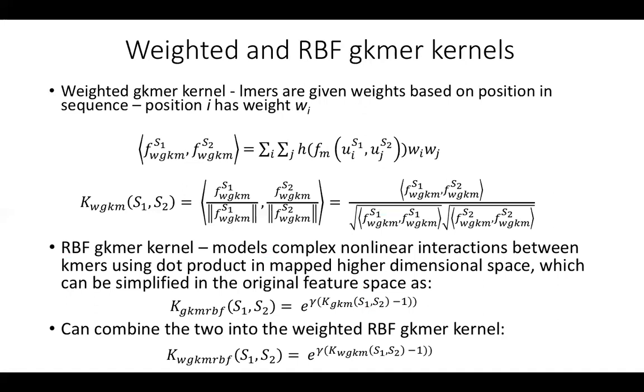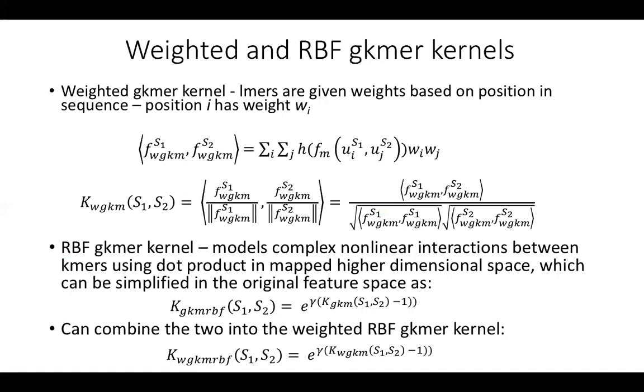The second one, the RBF gkmer kernel, is more interesting. By mapping the GKM feature vectors to a higher dimensional space, and then performing the dot product in that space, the RBF kernel is able to capture nonlinear interactions between sequences, which, in effect, allows it to classify more complex genomic patterns than the WGKM kernel.